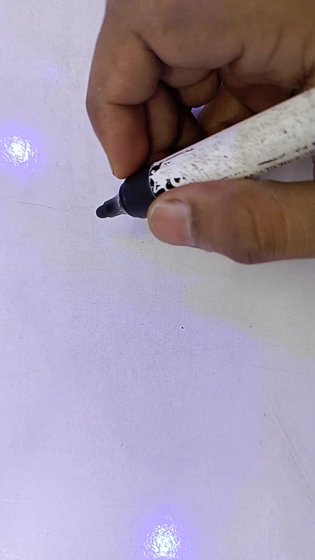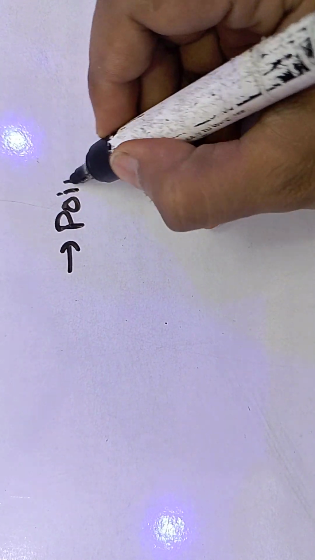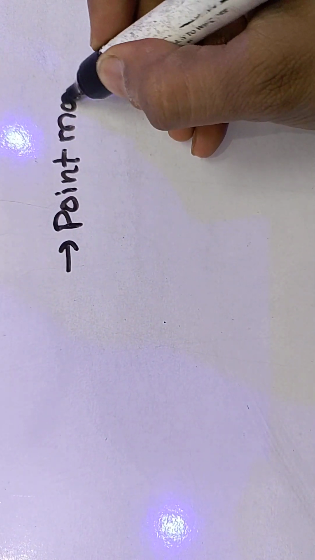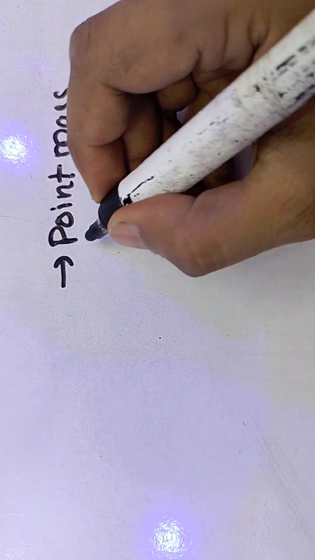So Newton gave some laws about gravitation which are valid for point mass and spherical symmetry.